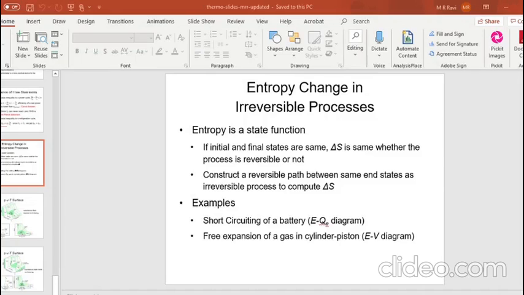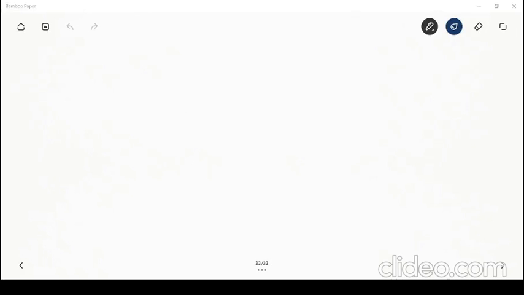Now let us look at how to calculate entropy change in the case of an irreversible process. So we'll move to the whiteboard.